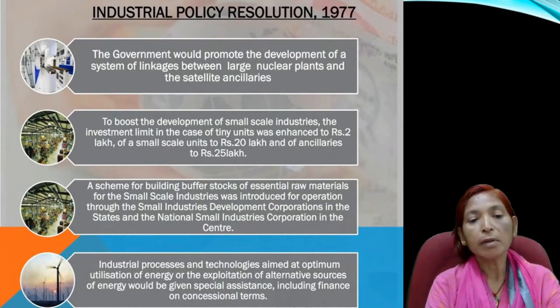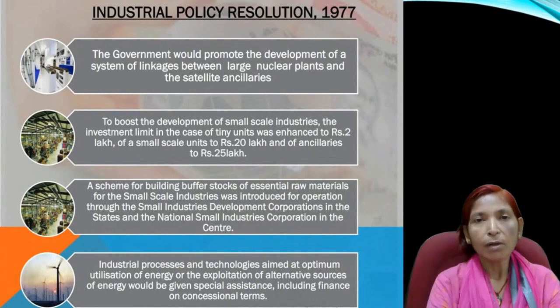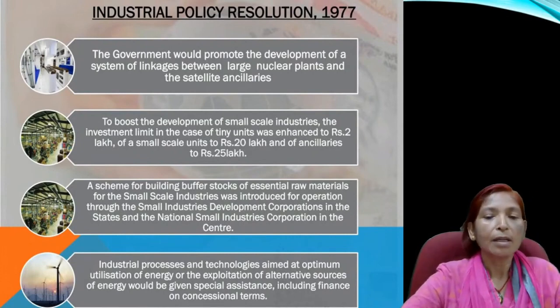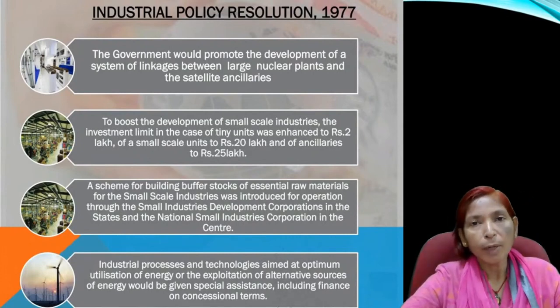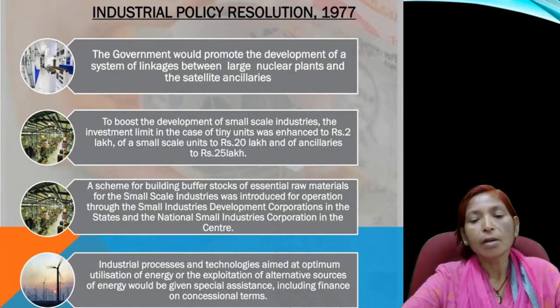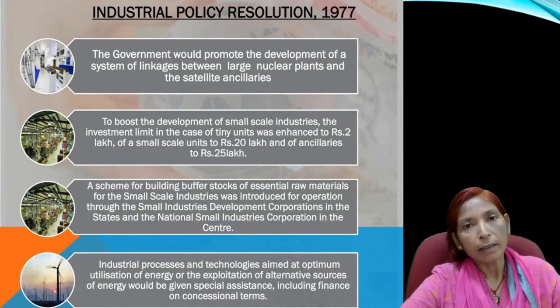A scheme of building buffer stocks of essential raw material for the small scale industries was put into operation through the small industrial development corporations in the states and the National Small Industries Corporation in the center.